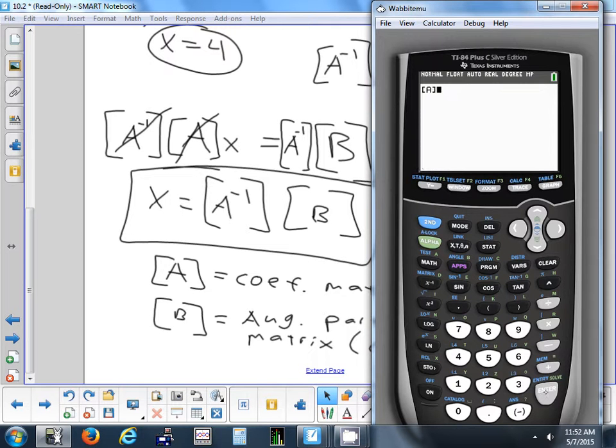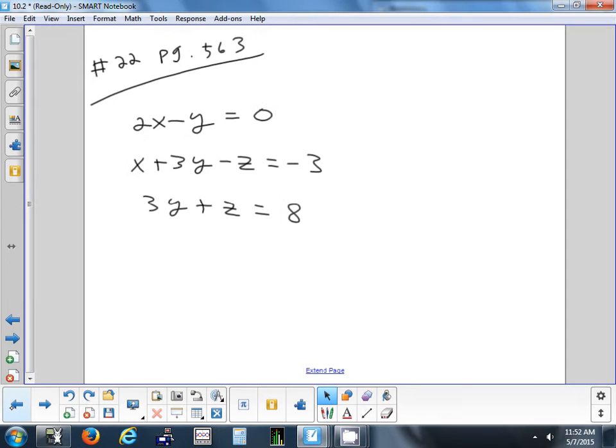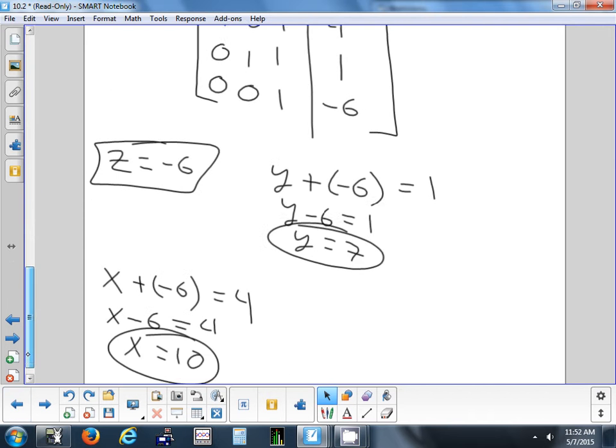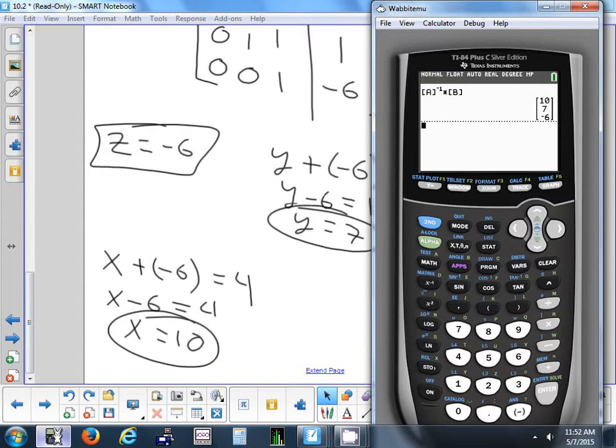So we're going to take matrix A, take the inverse of it, and then multiply by matrix B. Second, matrix B. And when we hit enter, we're going to get the 3 answers, X, Y, and Z, in that order. Let's just check. So X is 10, Y is 7, Z is -6.